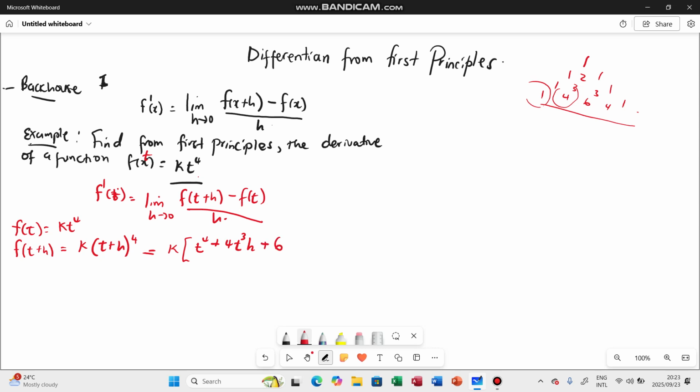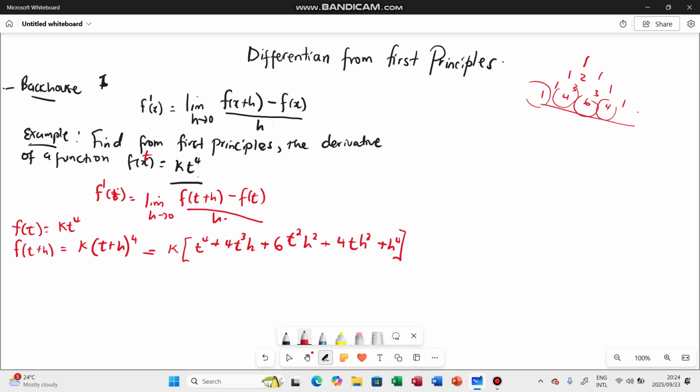Then plus 6 t squared h squared. The t starts to decrease, the h increases. Plus 4t h cubed, then plus h to the power 4. So that is the expansion.